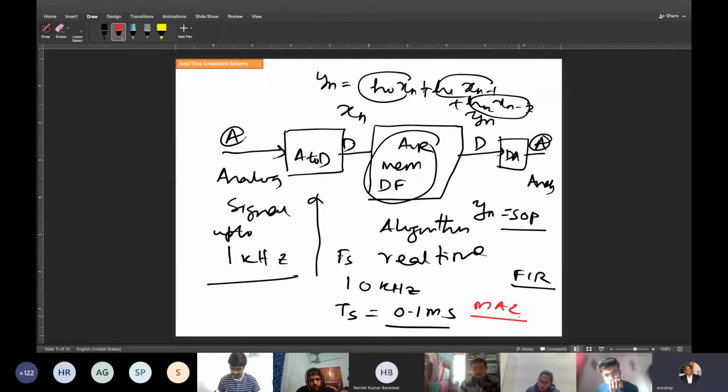What is MAC? Multiply and accumulate. Okay, this is called multiply and accumulate. So what is the time you have got to multiply and accumulate? 0.1 milliseconds.